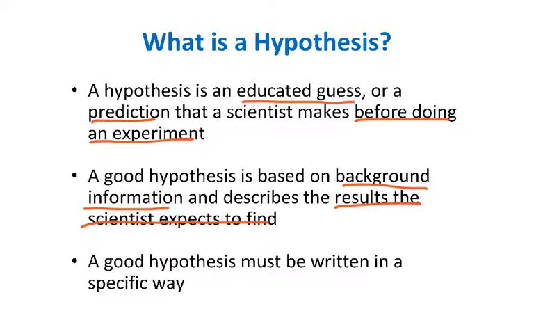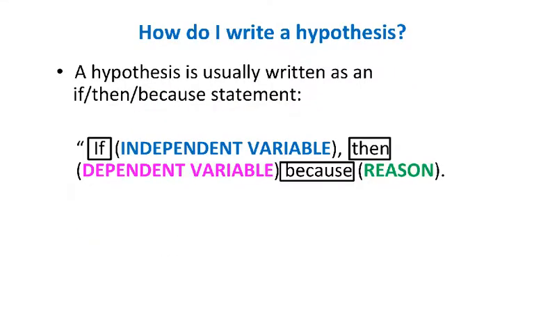And again, the hypothesis should include a very clear picture of the results that the scientist expects that they will get when they do the experiment. A good hypothesis must be written in a specific way, and we will talk about that next.